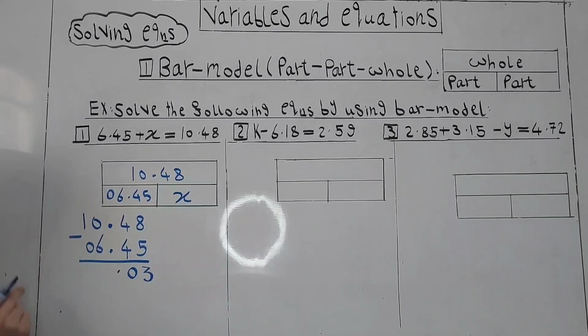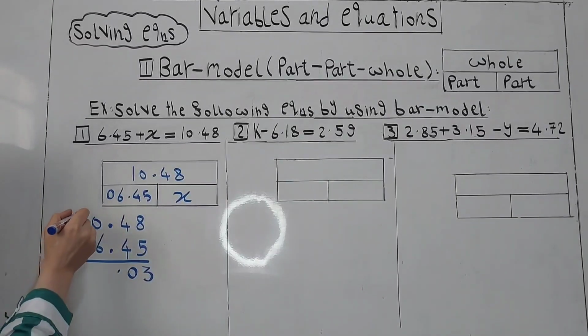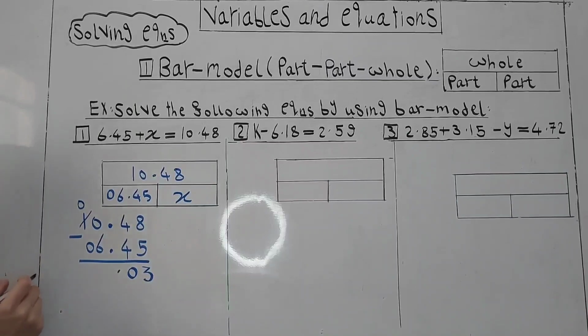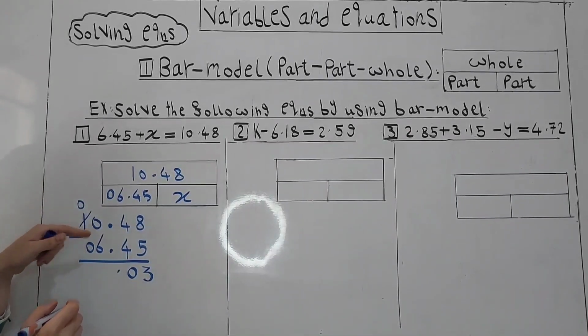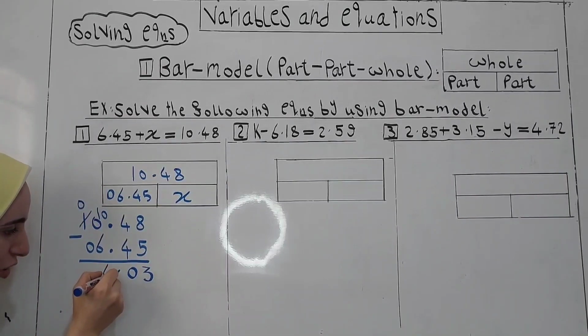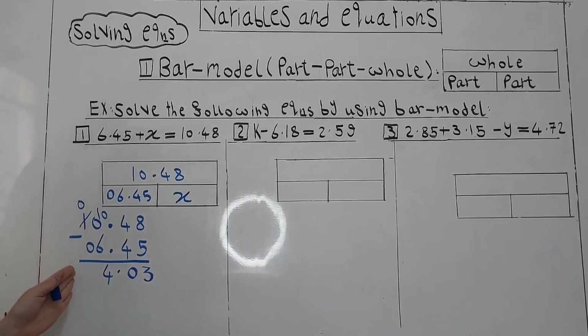Now 0 minus 6. It doesn't work. So we borrow 1 from the next digit. Cross out 1 and write 0. And add 10 to the digit 0. It will be 10. Now 10 minus 6 equals 4. Now 0 minus 0 equals 0.